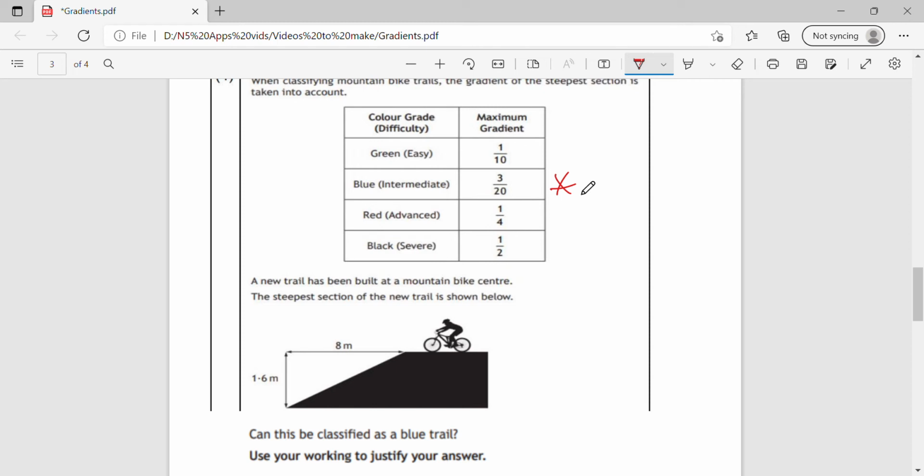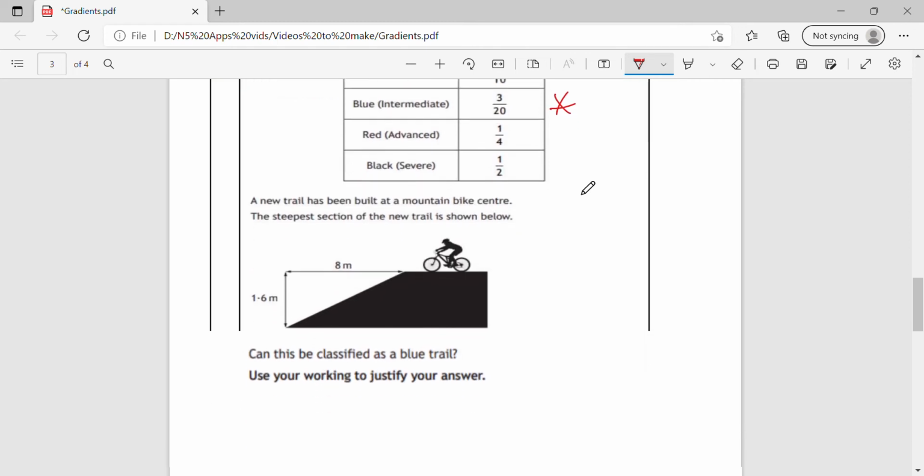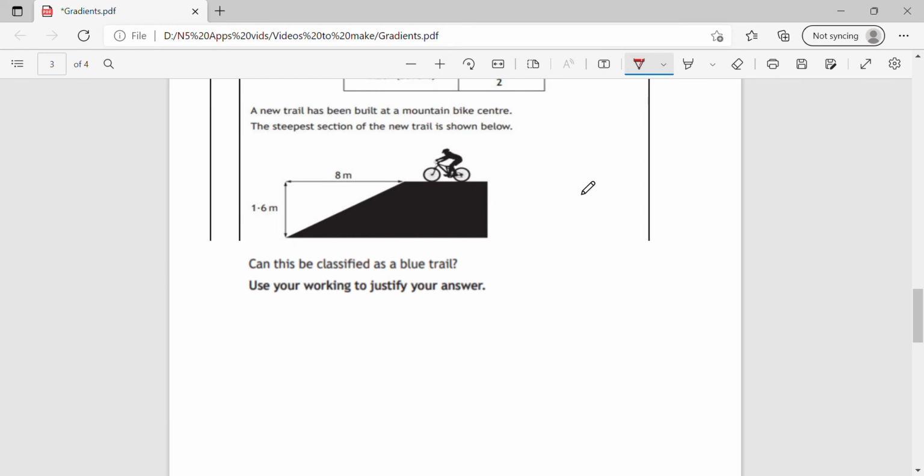So if our gradient is bigger than 3 over 20, it can't be used as a blue trail. We need to work that out. So the gradient is vertical over horizontal. Vertical would be 1.6 and horizontal would be 8.